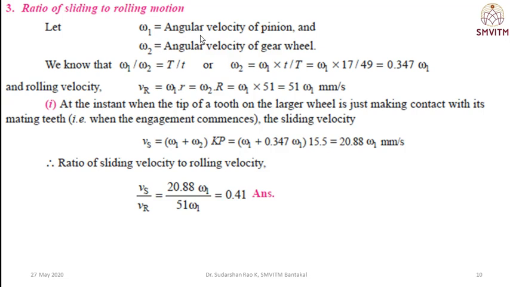Omega 1 is the angular velocity of the pinion and omega 2 is that of the gear. Here we assume that the pinion drives the gear.